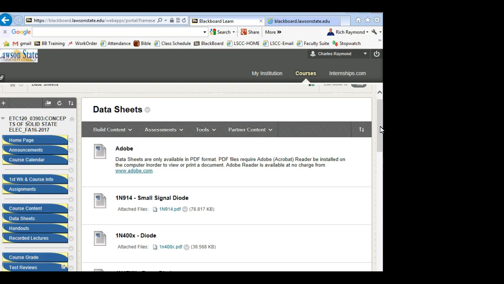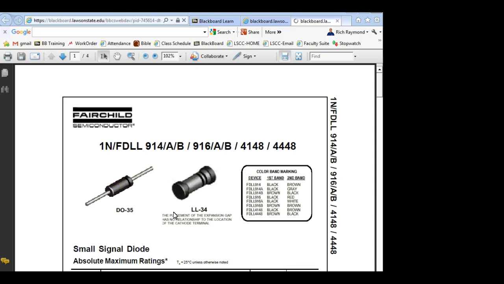Well, let's look at some of the specifications. This is the 4000 series right here that we talked about just a little bit. So let's go ahead and open the 914 up and look at some of the specs we'll run into.